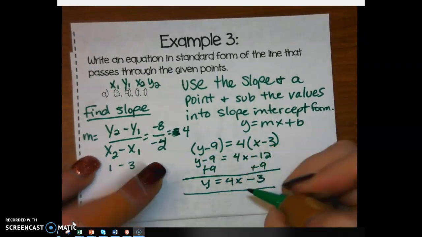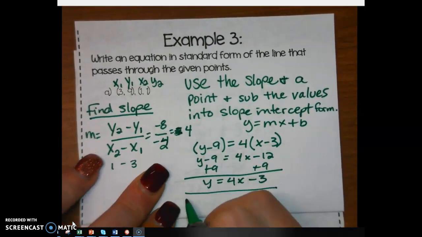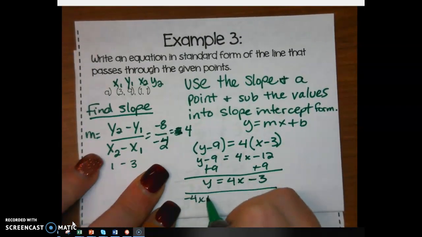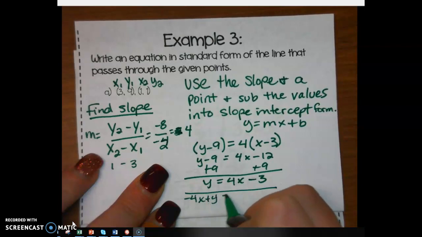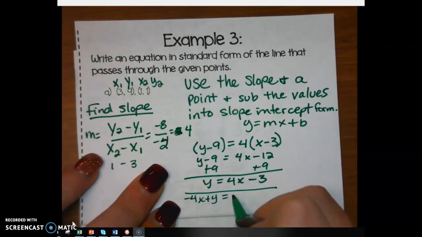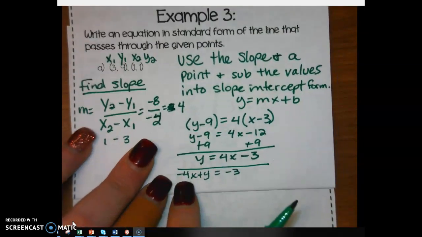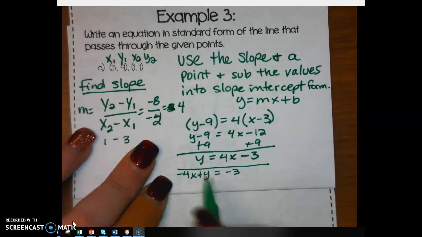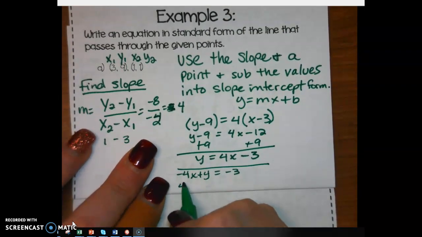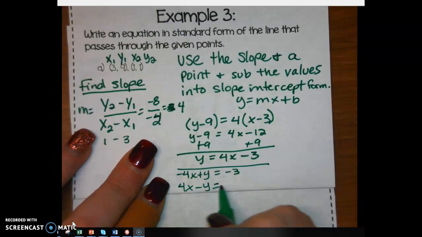I'm running out of space, so I'm going to kind of abbreviate. So I've got negative 4x plus y equals negative 3. Okay, this is only not good because I have a negative A value. So I change all my signs. 4x minus y equals 3.